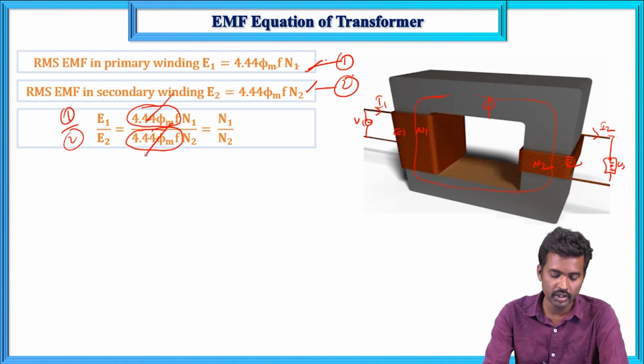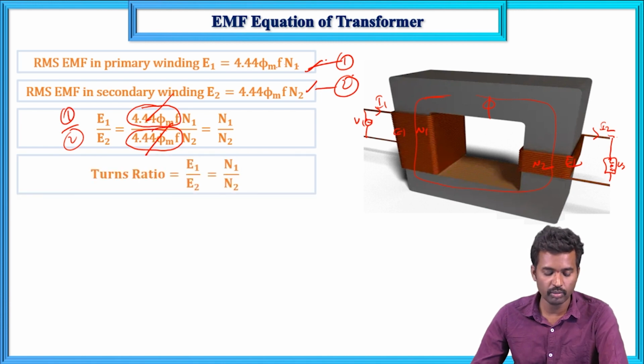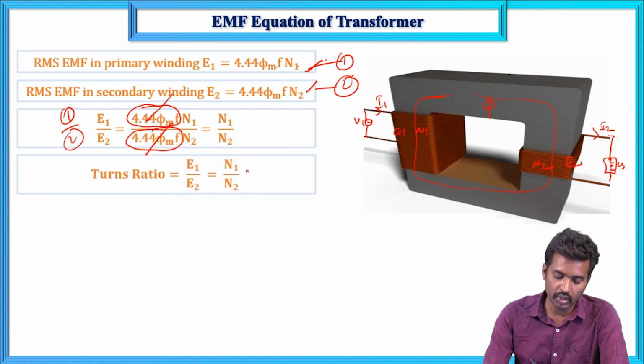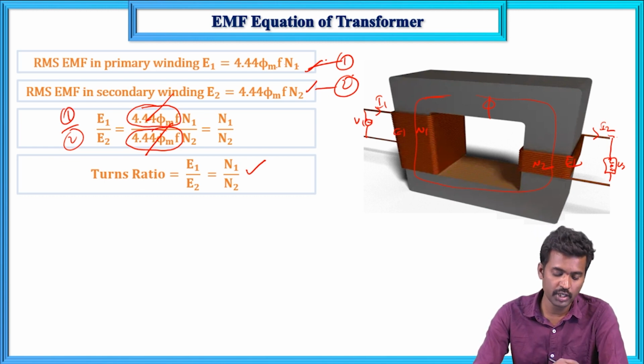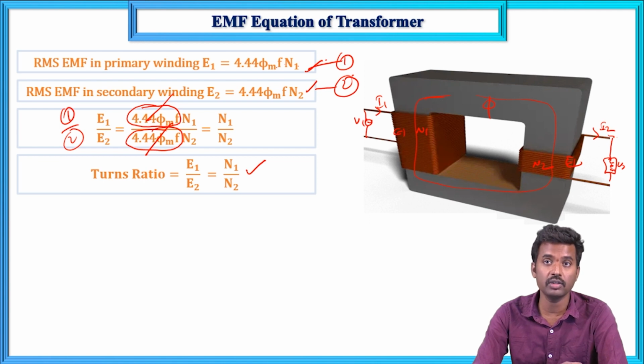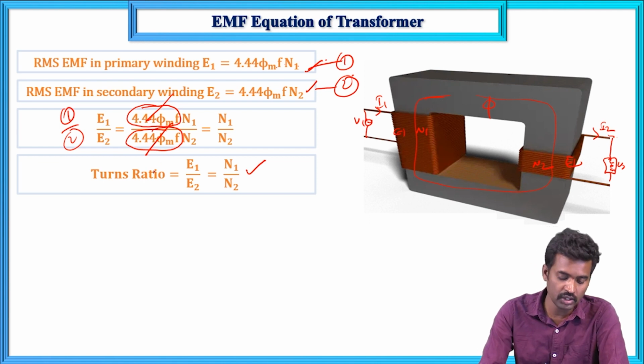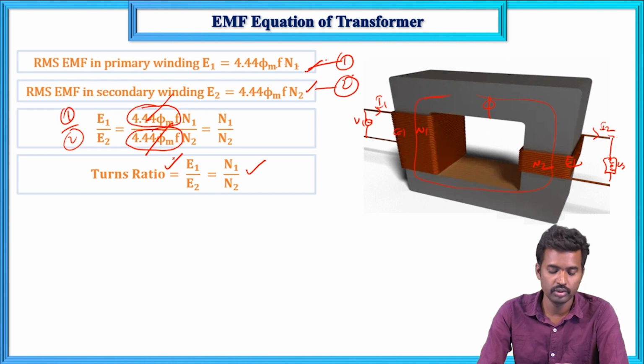Now E1 by E2 equals N1 by N2. This is known as the ratio of transformer primary induced EMF to the secondary induced EMF, or primary turns to secondary turns, known as the turns ratio. This is most important, turns ratio.